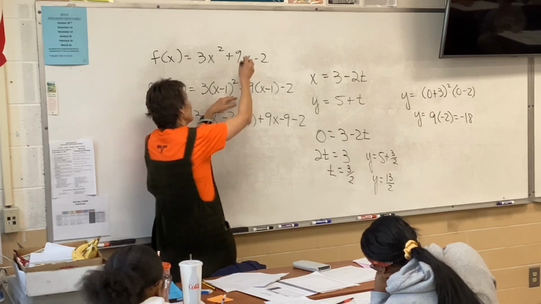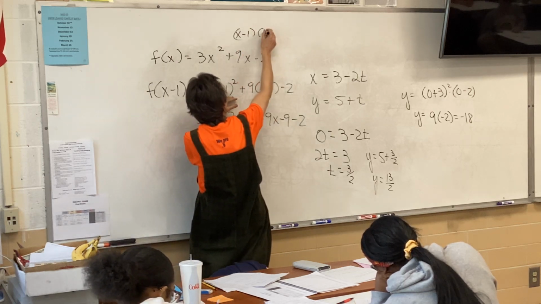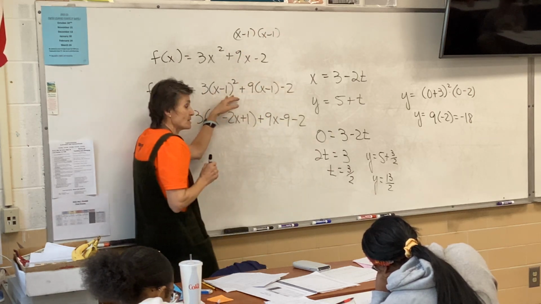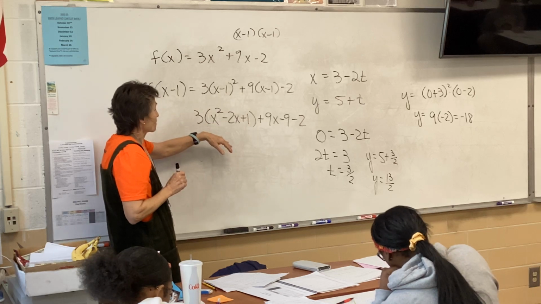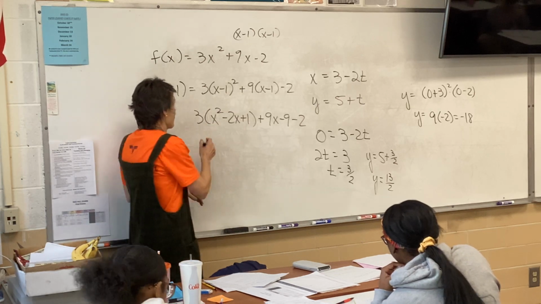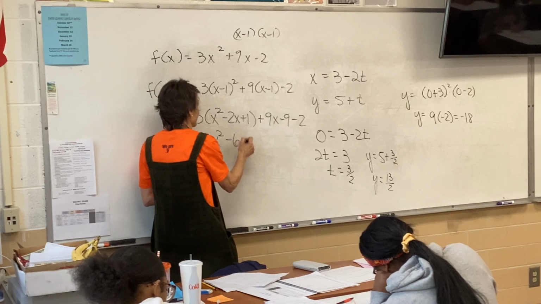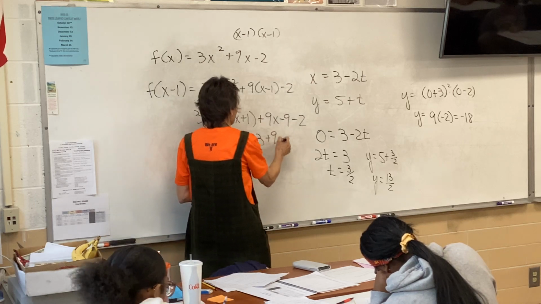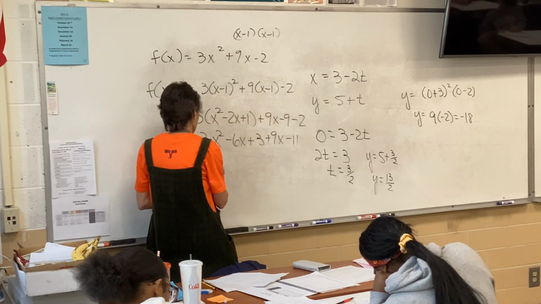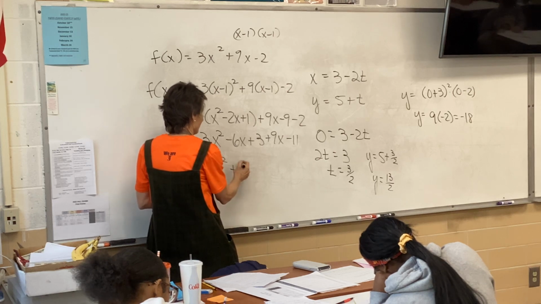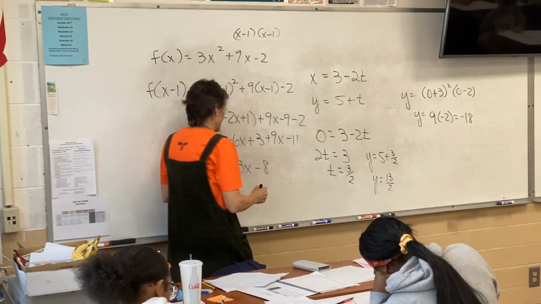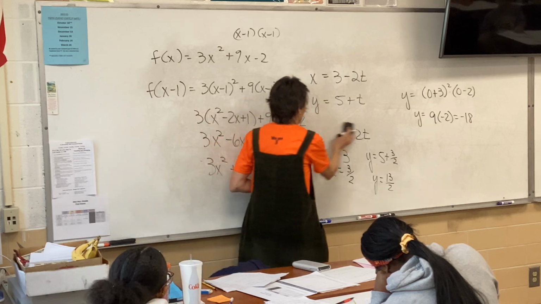If you can't do it in your head, that's fine. Just over to the side, FOIL, x minus 1 times x minus 1. Then distribute and collect like terms. And hopefully, we get 3x squared plus 3x minus 8, if I did everything right.